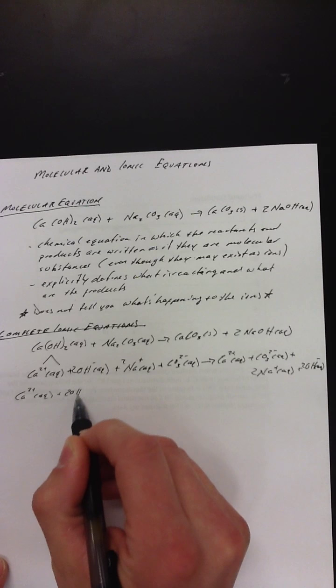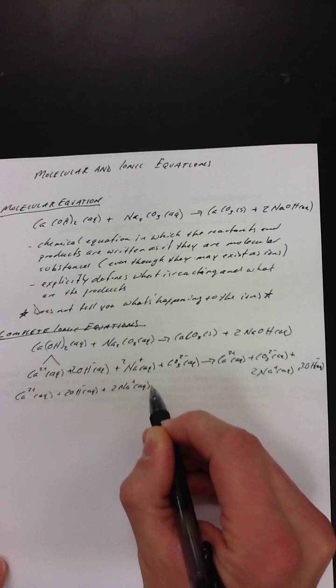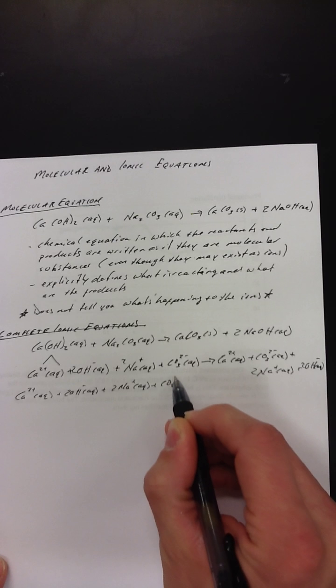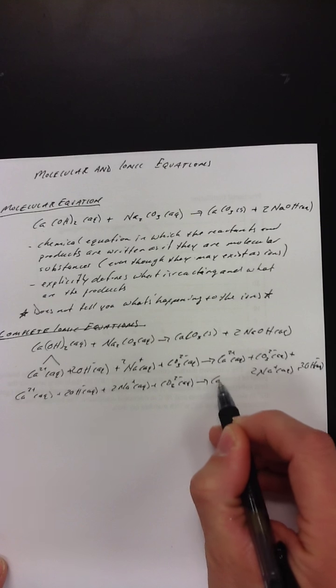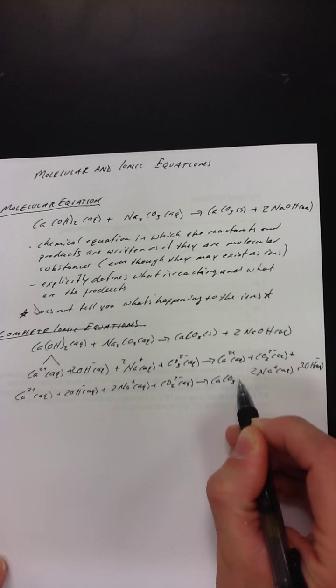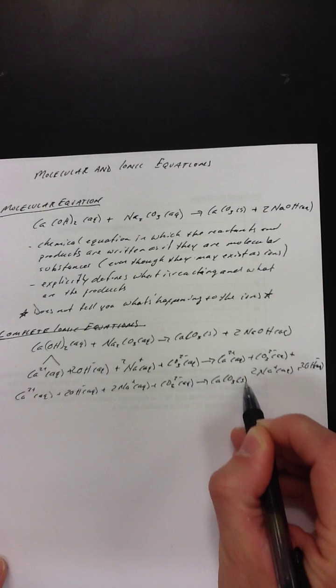And 2 sodium, aqueous, plus carbonate yields calcium carbonate, which is solid, and then the sodium hydroxide. So 2 sodium, which is aqueous, and 2 hydroxide, which is aqueous as well.